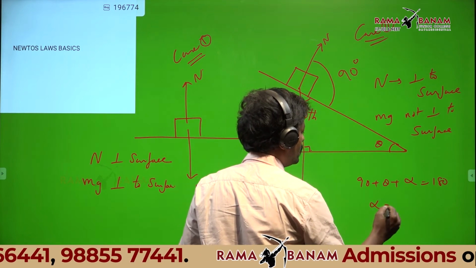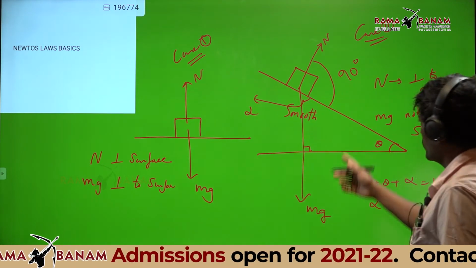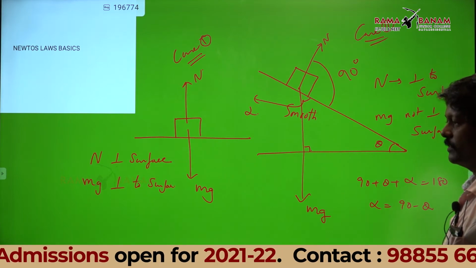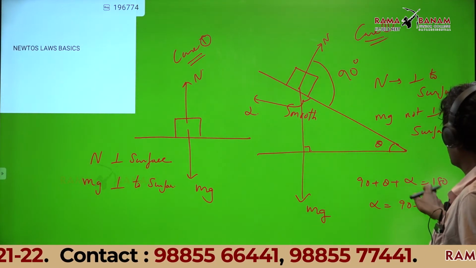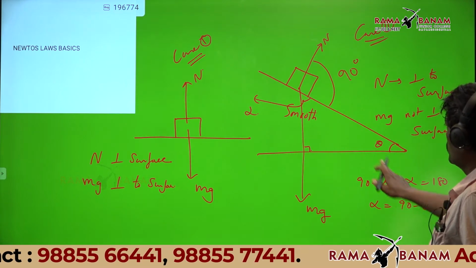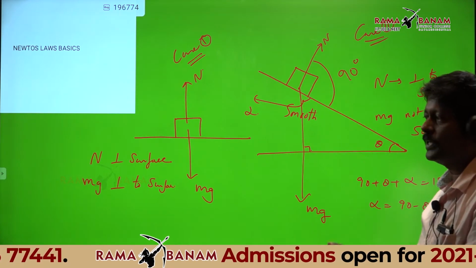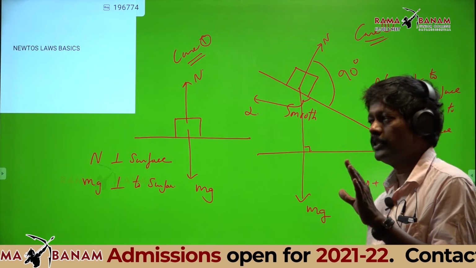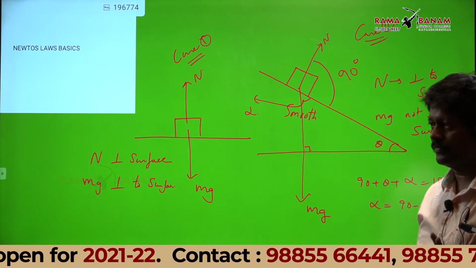Then alpha is how much? That angle is 90 minus theta. In these two diagrams, what I wanted to say is, normal reaction is always perpendicular to surface.